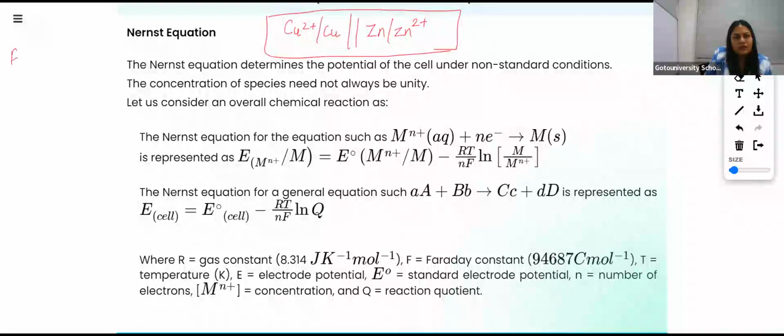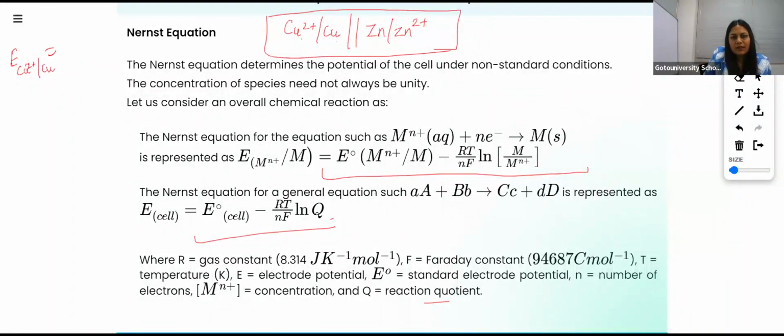First we are going to write it for the copper, using this equation, or you can use this one where Q is the reaction quotient. You can use either. So for the electrode potential, that is E cell, we use copper 2 positive to copper.